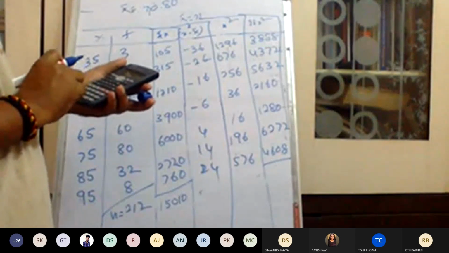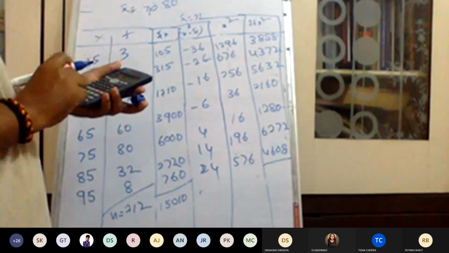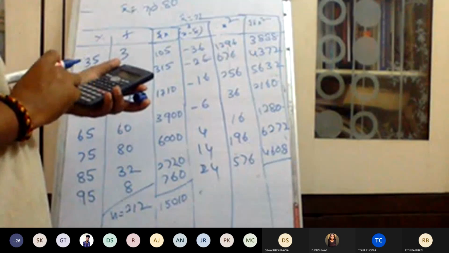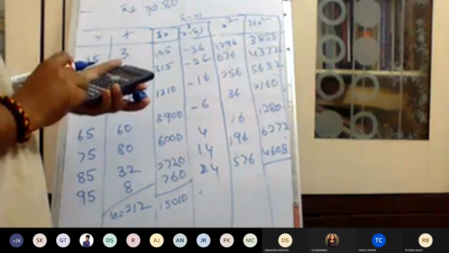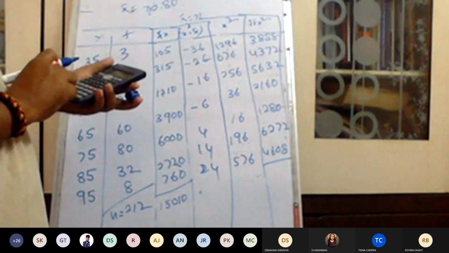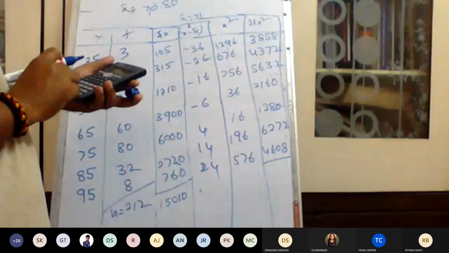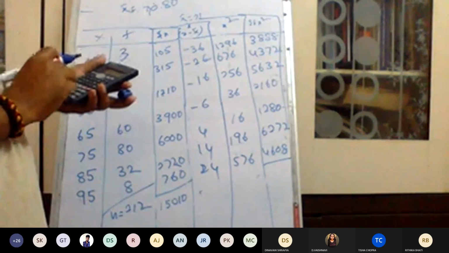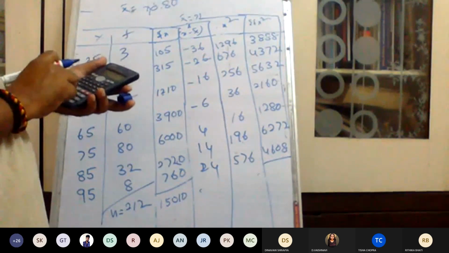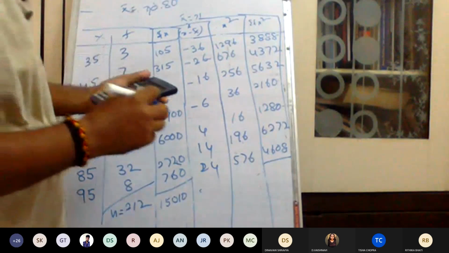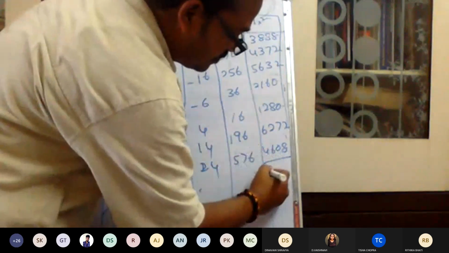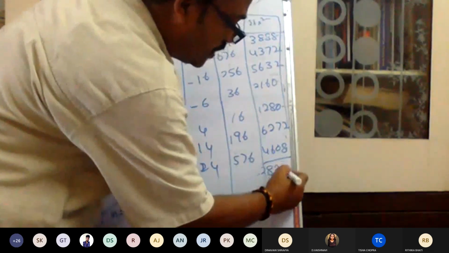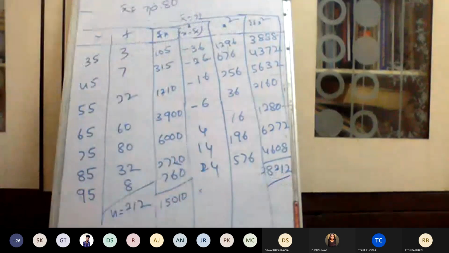6272 plus 1280 plus 2160 plus 5632 plus 4372 plus 3888. So 28,212. Correct or wrong? Please check it.